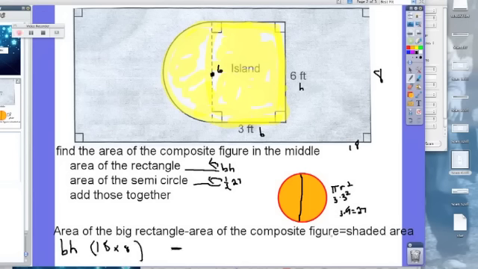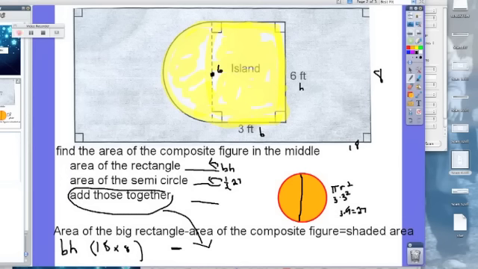I'm not doing your work for you, just letting you know. So once you get the area of the big rectangle and you have the area of the composite figure, you'll subtract them and find the shaded area. Very simple. Once you're done, you can always send me a Facebook message to see if it's correct. It's the same exact thing.